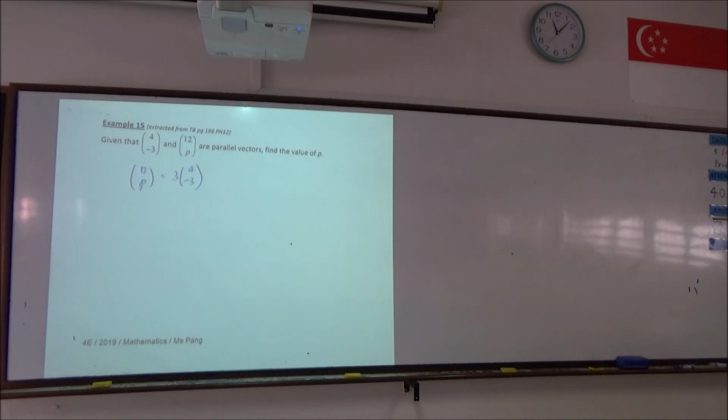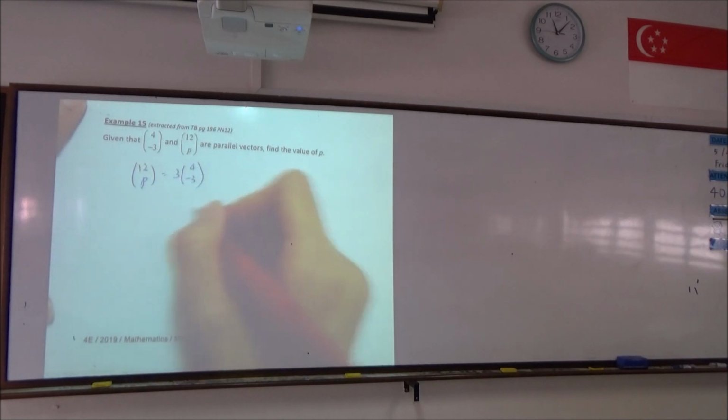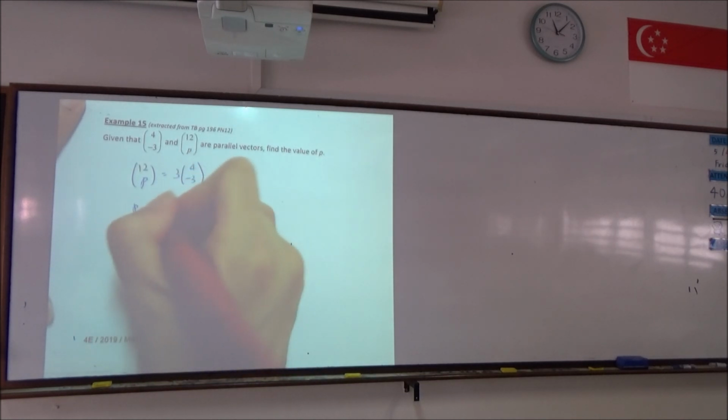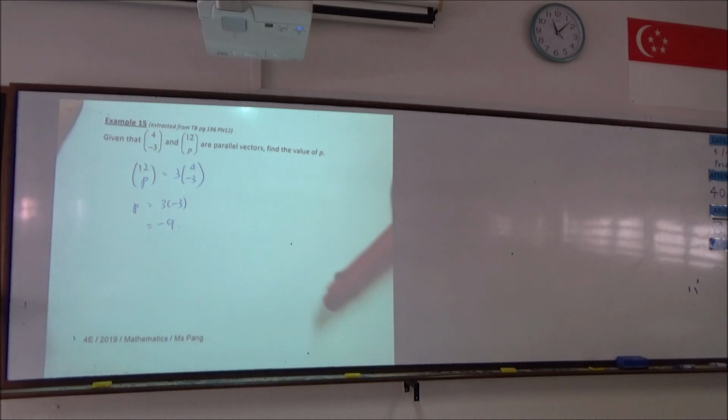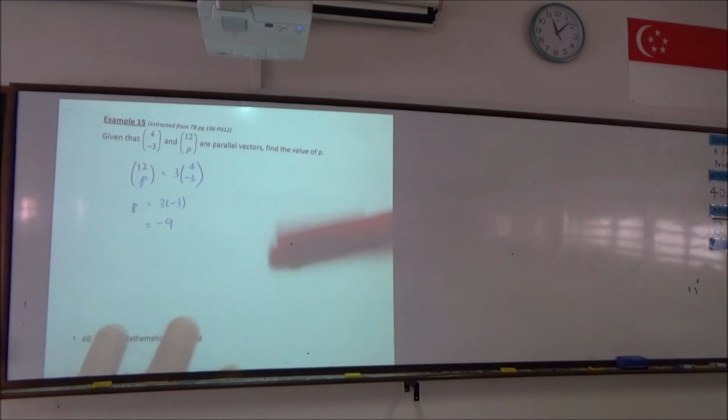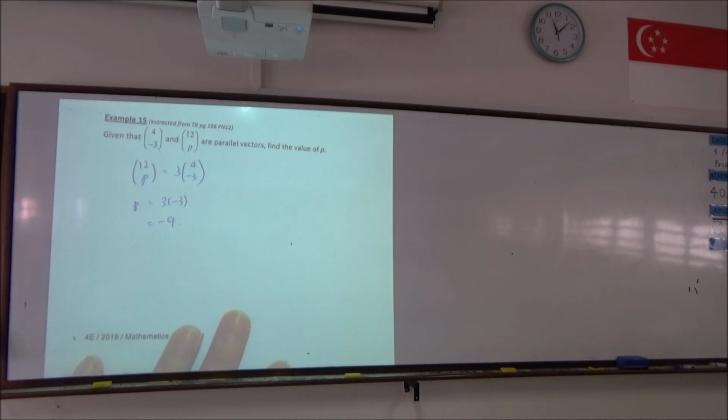Since they are parallel and also non-zero vectors, p will be equal to 3 times negative 3, so p will have to be negative 9. So you need to determine the scalar multiple first, then form the equation and get the value of p.